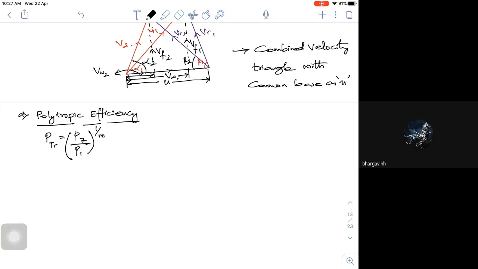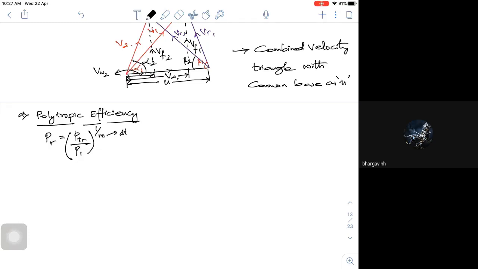So I can find the stage pressure ratio, PR, as the total pressure ratio divided by P1, to the power of 1 upon M, where M is the number of stages. The total pressure can also be a final or exit pressure, say the 7th stage pressure, 6 bar, whatever it may be, if they give. This is a simple formula.